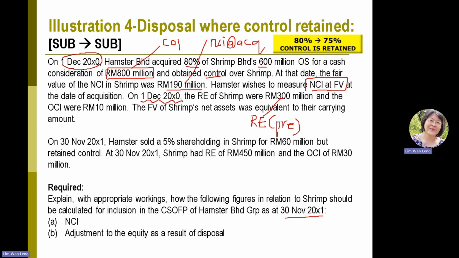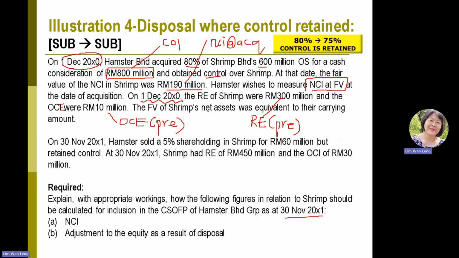OCE at the date of acquisition, that means this is OCE, that is pre. In this particular case, the question didn't really give you the net worth at the date of acquisition. So you just need to calculate a little bit.